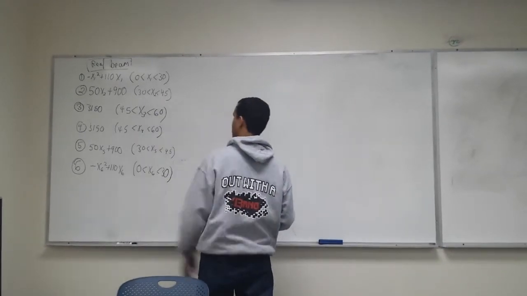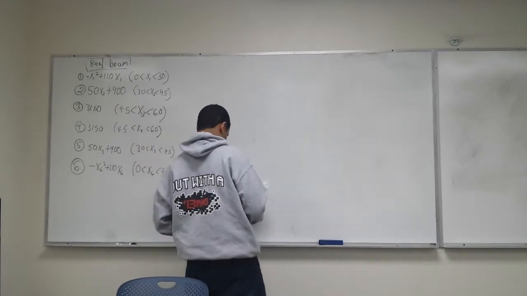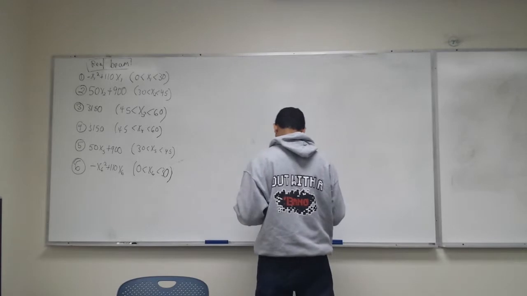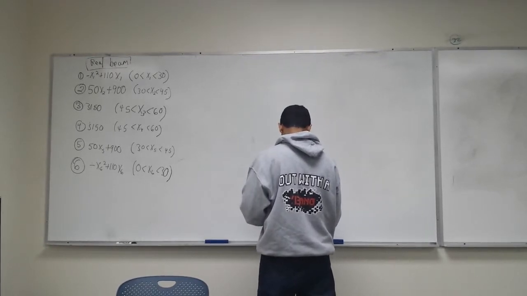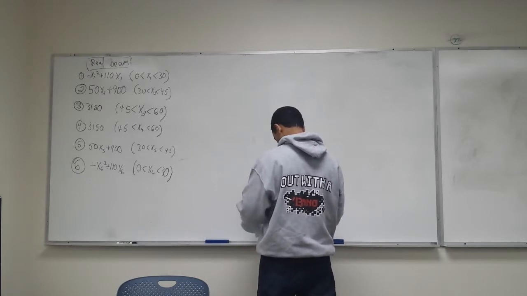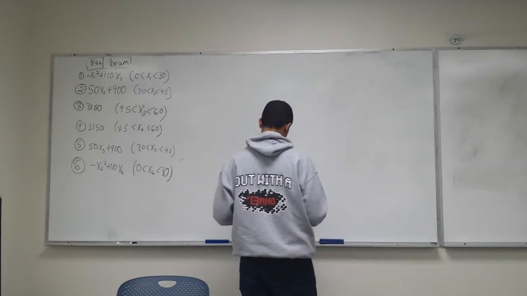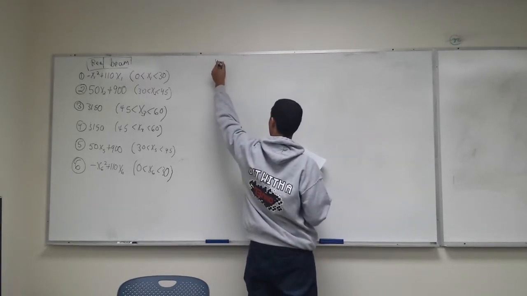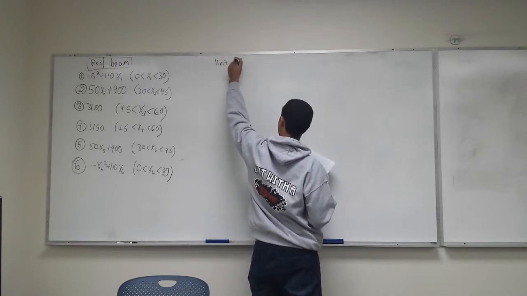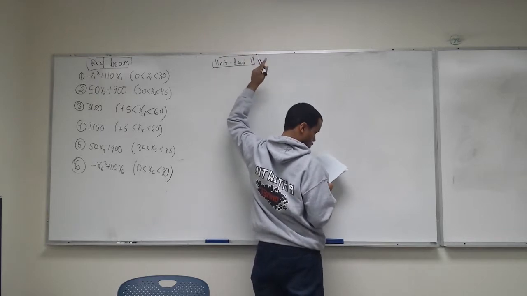We will leave the real beam expressions here on the board. Now we will do the expressions for the first unit load beam, unit load 1. We will have 3 unit loads, one for each redundant reaction.